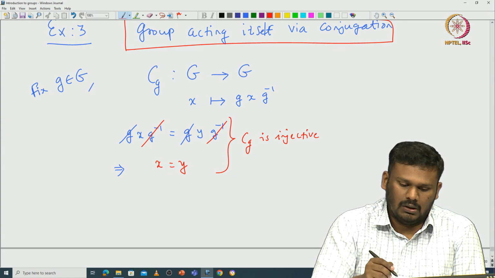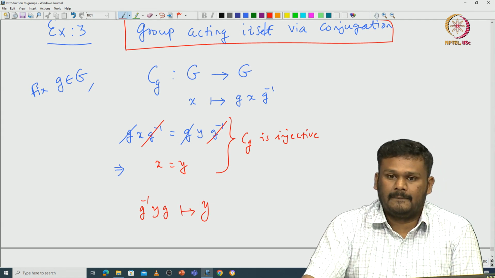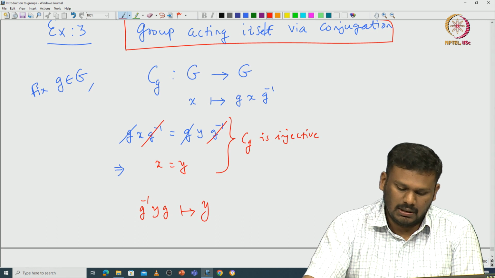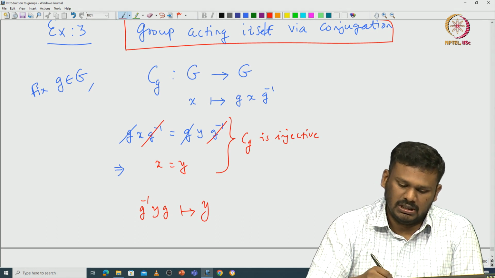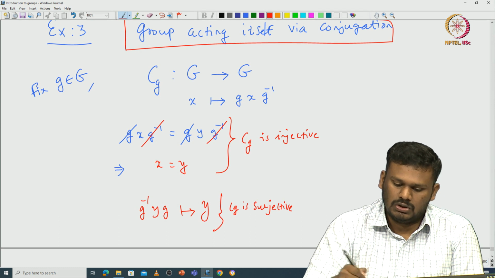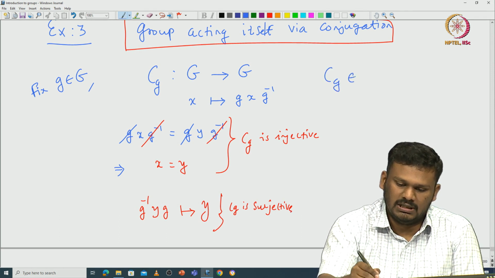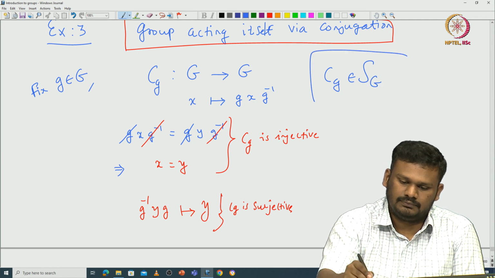Now, if you take any y on the left side, you can take g inverse y g, and naturally it will be mapped to y. So, that means Cg is surjective. So, we have indeed proved that Cg is inside Sg.